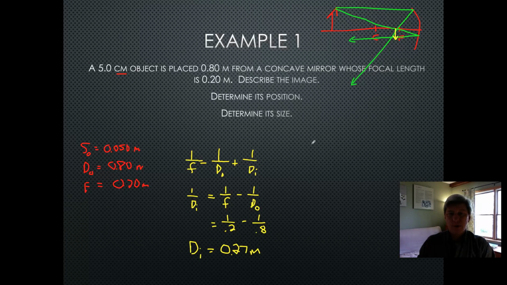Now, in order to determine its size, I know that the relationship here is SO over SI equals DO over DI. The math here is a little bit easier in that the size of the image is going to be equal to SO times DI over DO.